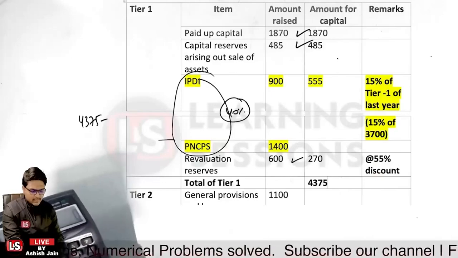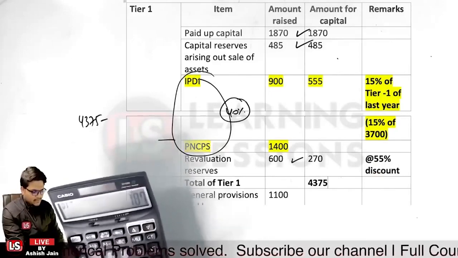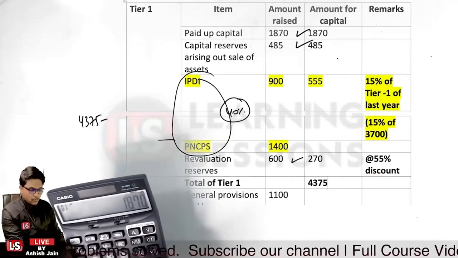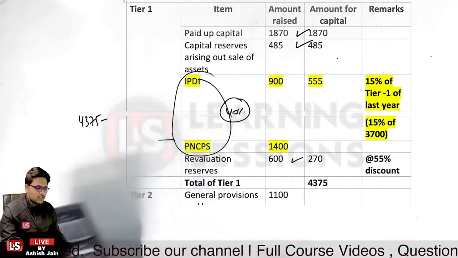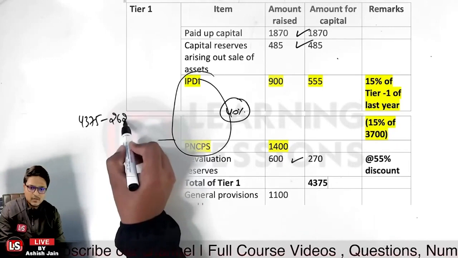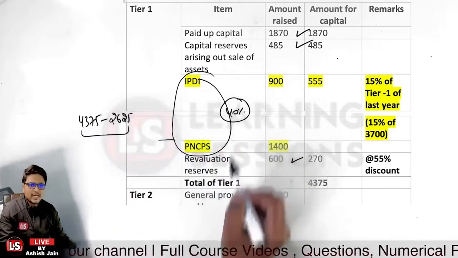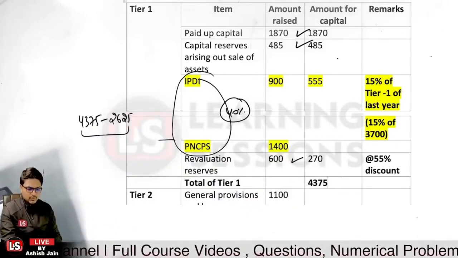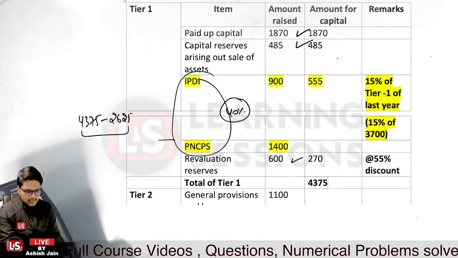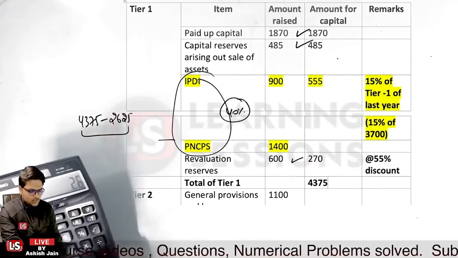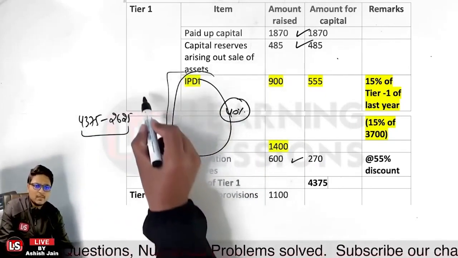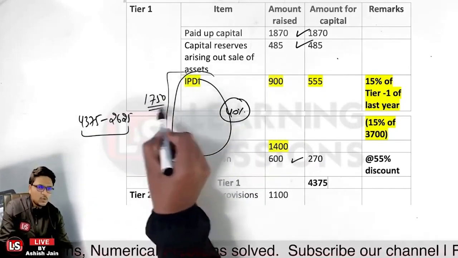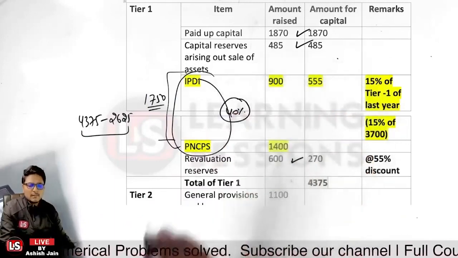That 2625 was the total of 1870 plus 485 plus 270. So that comes out to be 1750. Here the maximum component that can be there is 1750, out of which 555 is under IPDI.